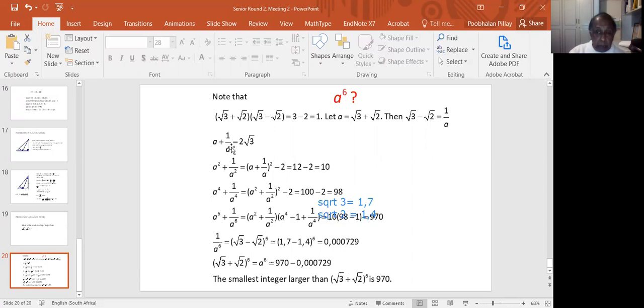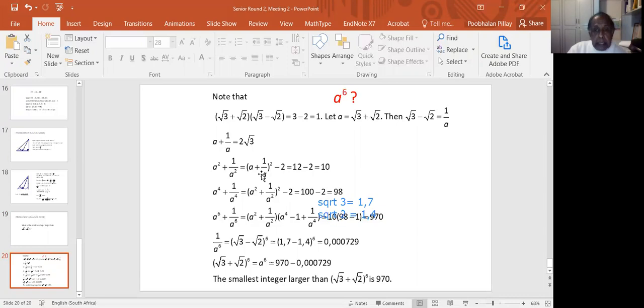And there's a middle term as well, which is 2 times A times 1 over A. The A's cancel, and you got 2. So A squared plus 1 over A squared is this whole thing squared minus 2. So you have to take out the middle term.